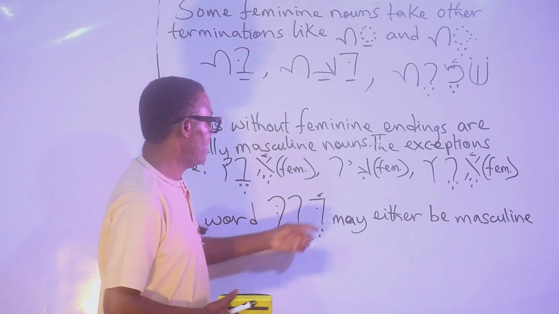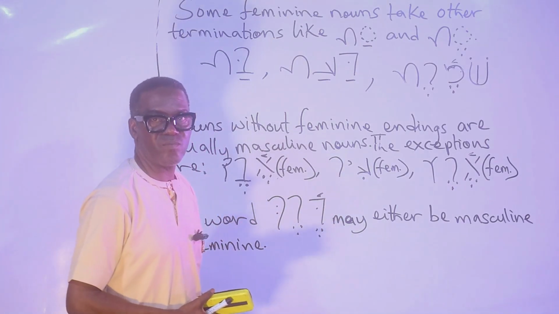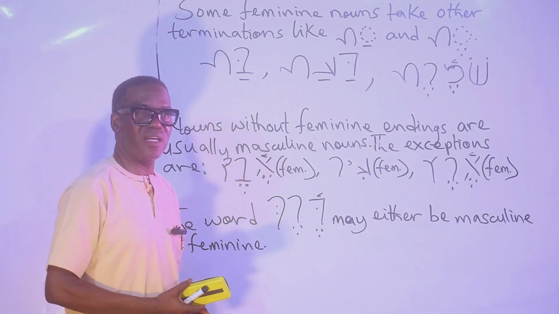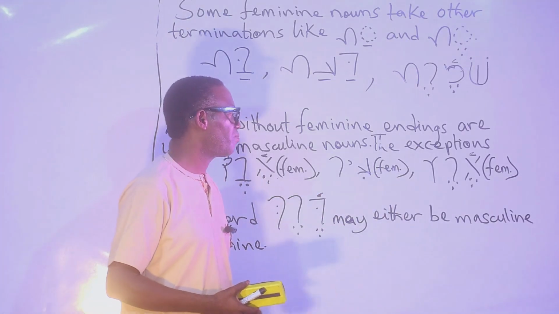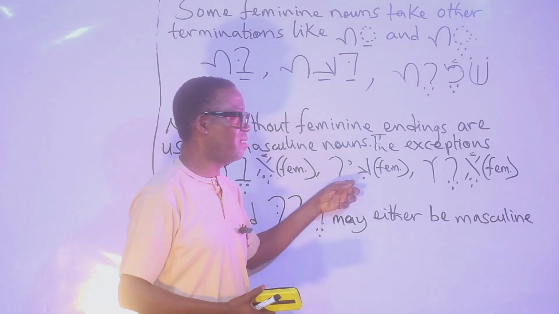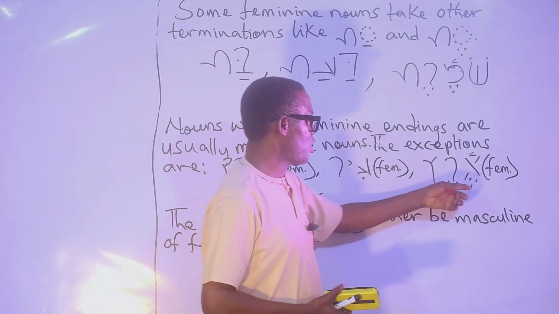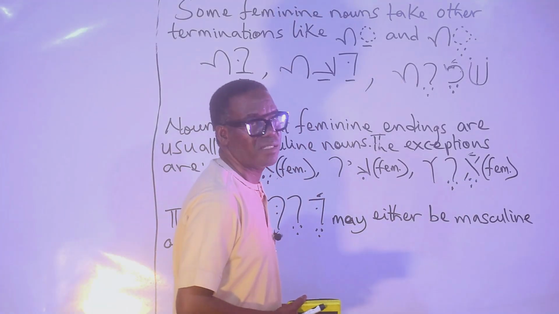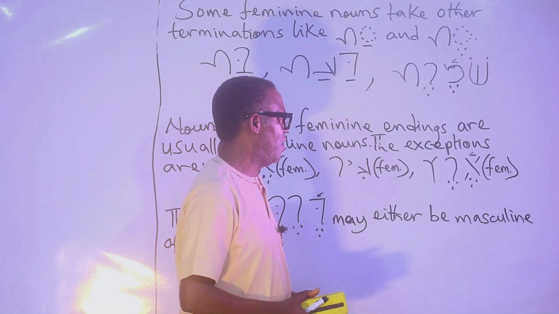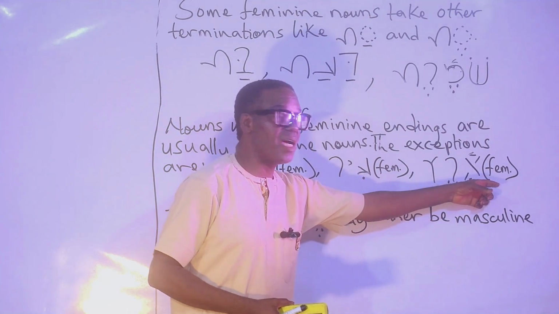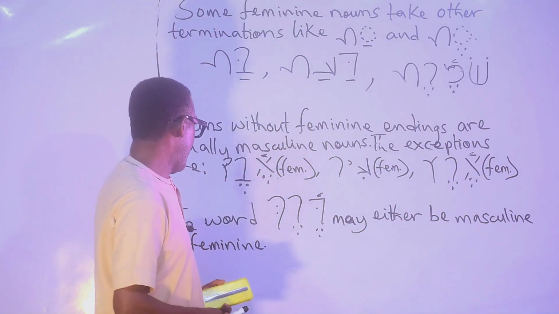The second one is ir, the word for city. It's a feminine noun without feminine ending. And then the last one is erets, the word for land, ground, earth in Hebrew. It's a feminine noun without feminine ending.